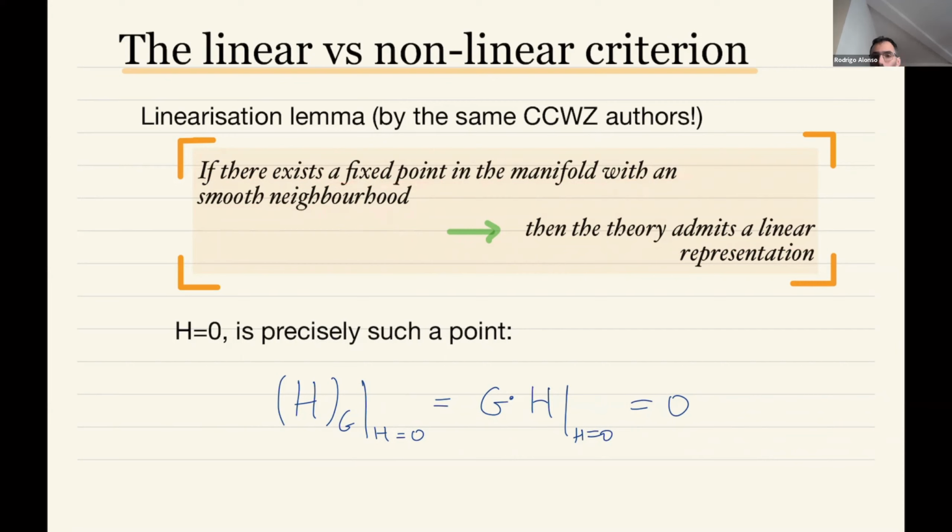A fixed point in our scalar manifold is a point that stays the same under a transformation. That is precisely the point h equals 0, as we can see explicitly with a transformation acting on the Higgs tablet, if we're in SMEFT, with some group element G. The transformed field will be G times that Higgs tablet H, and this will be a different point from the original H, unless H equals 0, in which case you start at 0, you end up at 0.